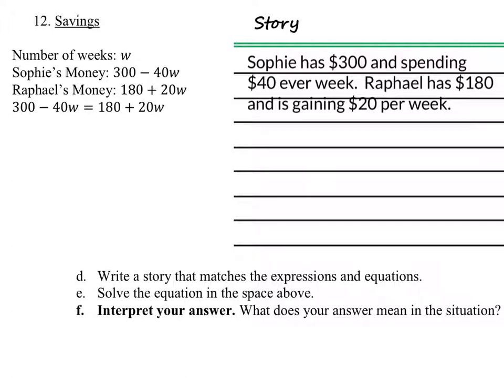So that takes care of those two expressions, but then at the bottom there, notice they are equal. So the question would be, after how many weeks do they have the same amount of money? Bam, there we go.